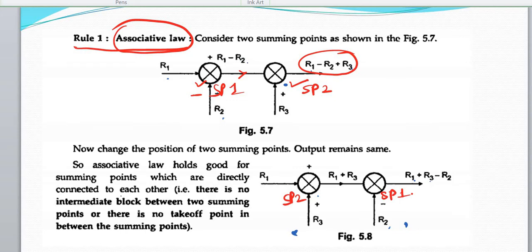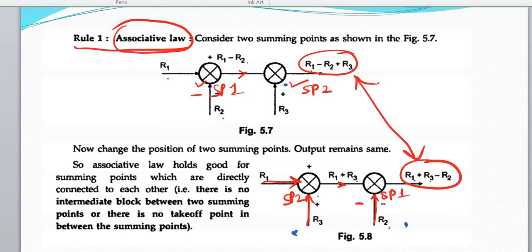Along with the summing point, the signal also we have shifted. So now R1 is the input to summing point 2, and it already has plus R3 as one more input. So what is the output here? R1 plus R3. To summing point 1, R2 is also there. So R1 plus R3 minus R2, this is the output. So you can see that this output and the earlier output are the same.